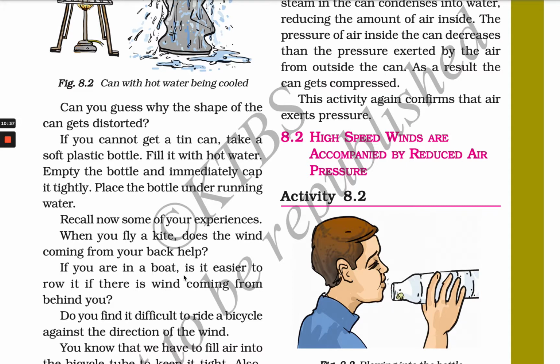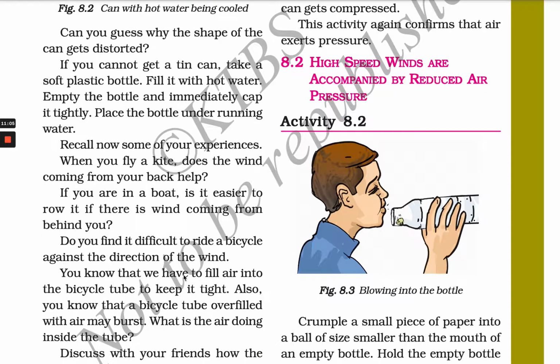In which direction of the wind does the kite fly higher? Or when you're rowing a boat, in which direction is it easier for you to row? If the wind is blowing towards you or behind you, right?